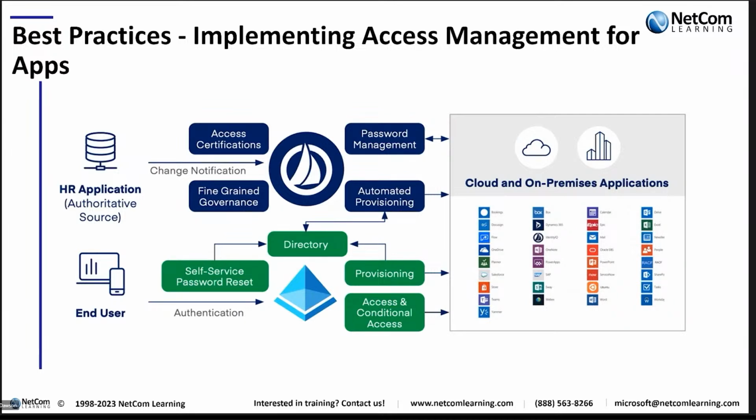Then we will allow for access to this resource, which will then give us access to other cloud or on-prem applications. So we have an application that needs to change something in a different SaaS-based solution that is external to our organization. From there, we will implement the access management for that particular application by provisioning the application in Azure Active Directory and then giving conditional access to that resource.